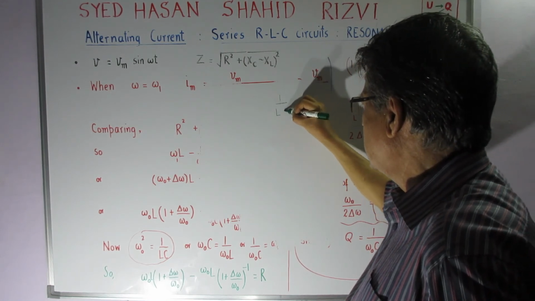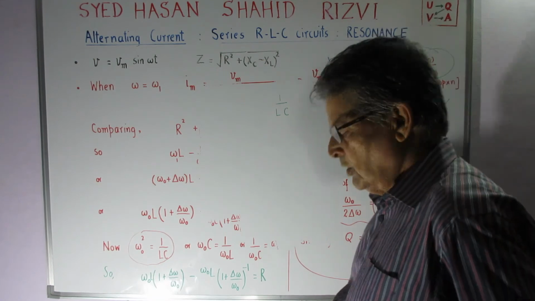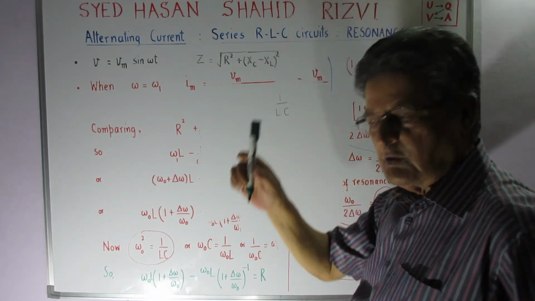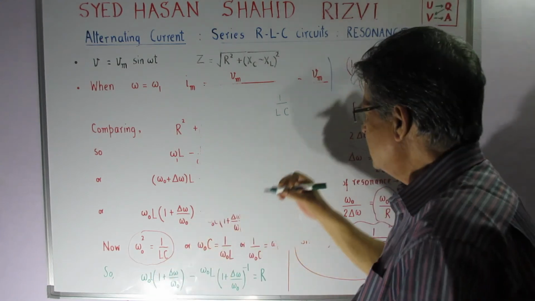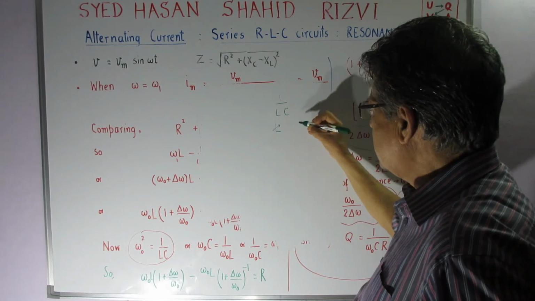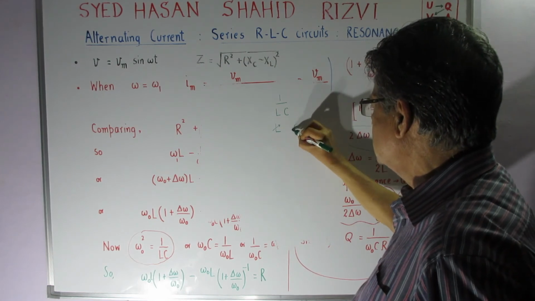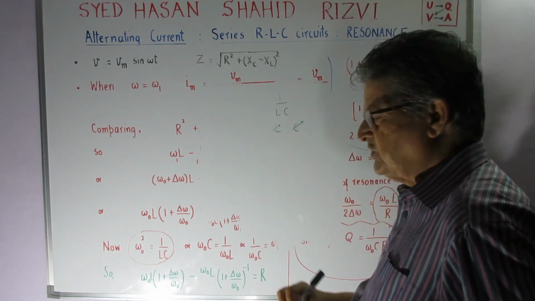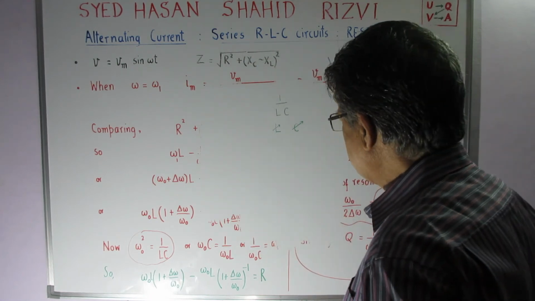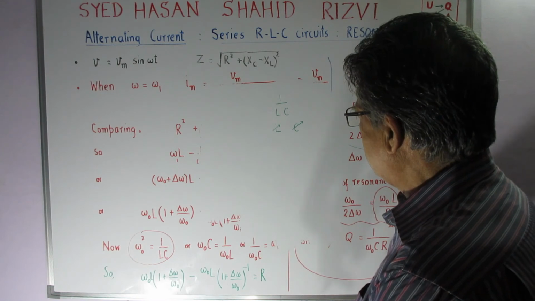Okay, L and C. Look here. To tune from one station to another station, either we had to change L or we had to change C. Changing L was a difficult proposition. Three or four inductors used to be there in the radio circuit.